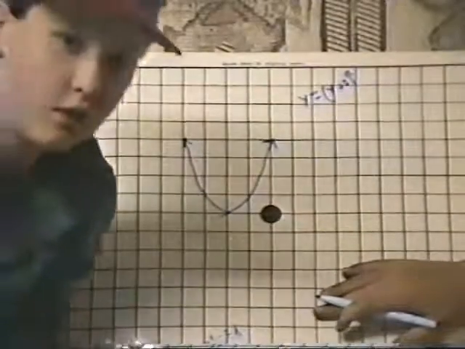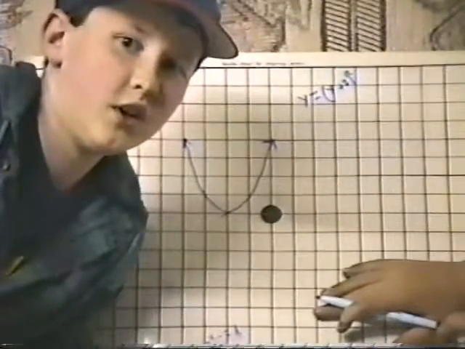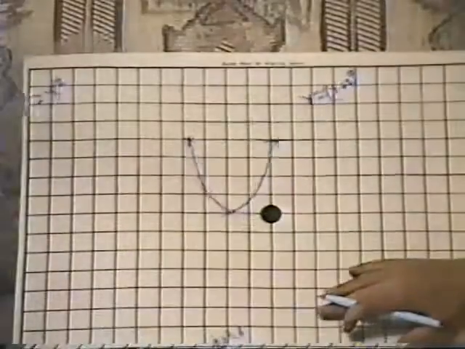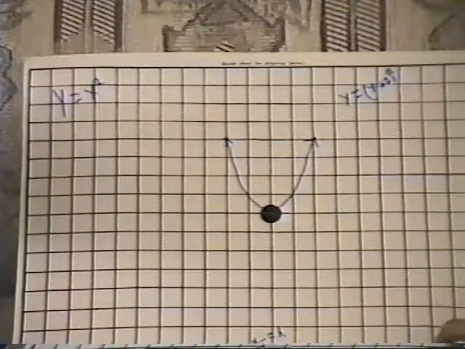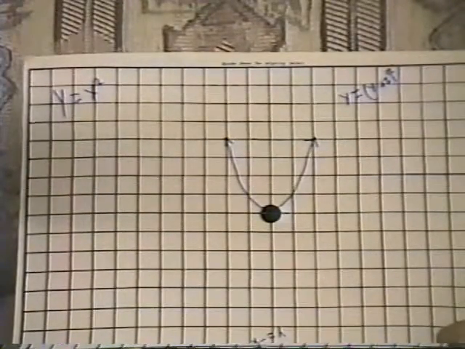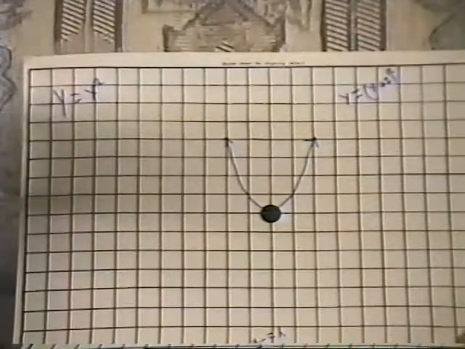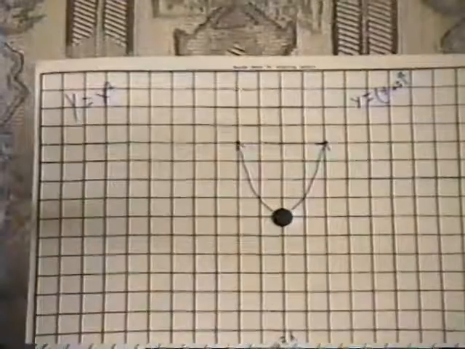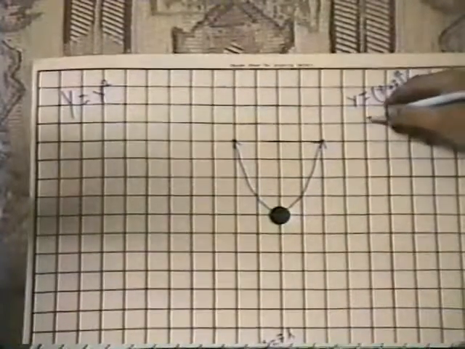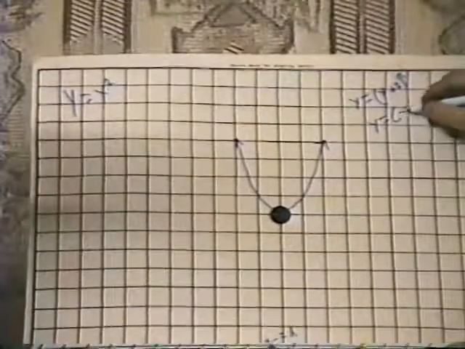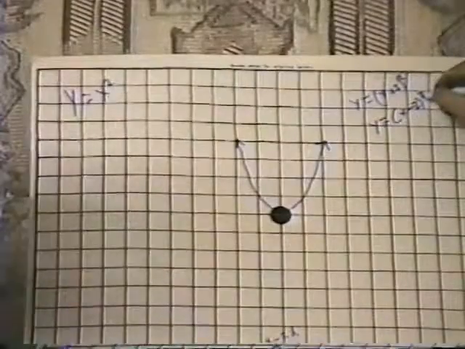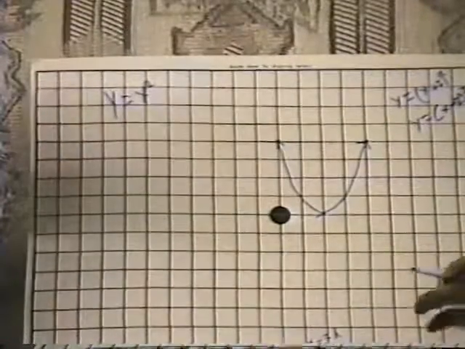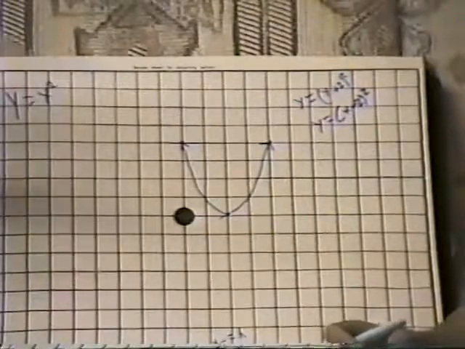How about 2 to the right? What do you think you'd do? Well, y equals x plus, I don't know. Why don't you show me? Y equals x minus 2. And that is how you transform parabolas.